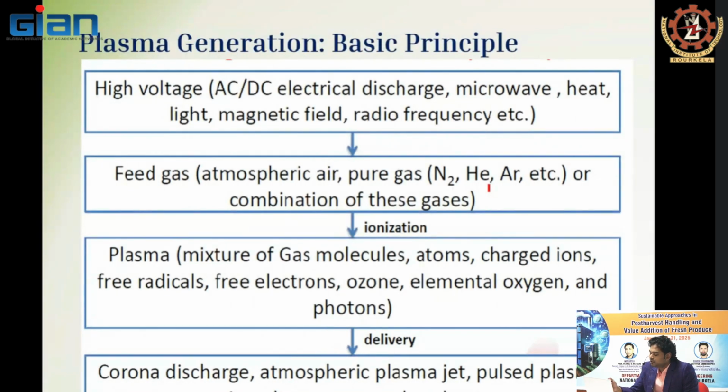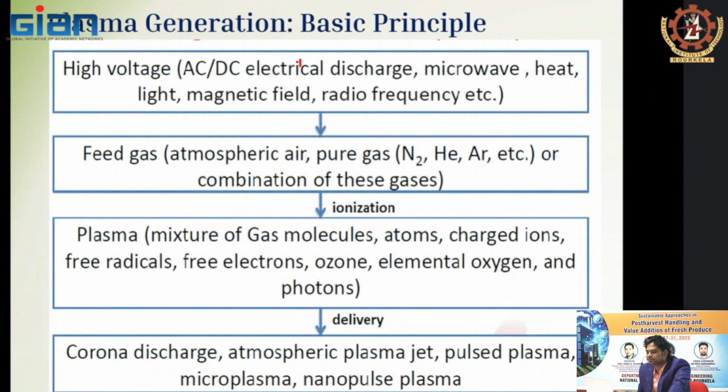And for plasma generation, the basic principle is we need a high voltage power supply, or we can produce microwave plasma, or we can use a magnetic or electromagnetic field. We can aid plasma production, and radio frequency can also aid plasma production.